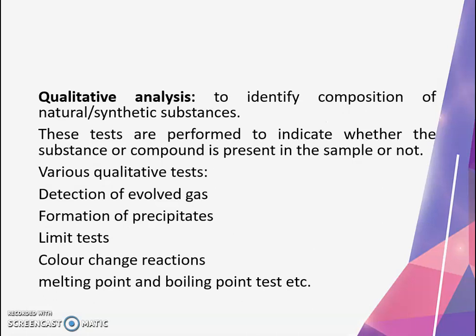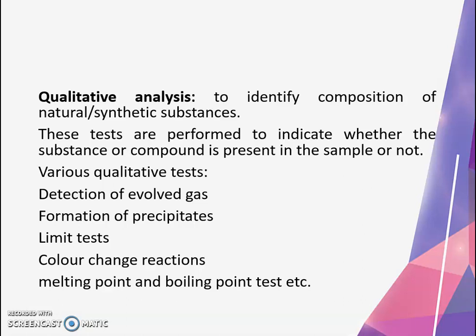Now pharmaceutical analysis can be divided basically into qualitative analysis and quantitative analysis. So qualitative analysis, as the name suggests, to determine quality means to find out what is present. Hence qualitative analysis is to identify the composition of natural or synthetic substances.